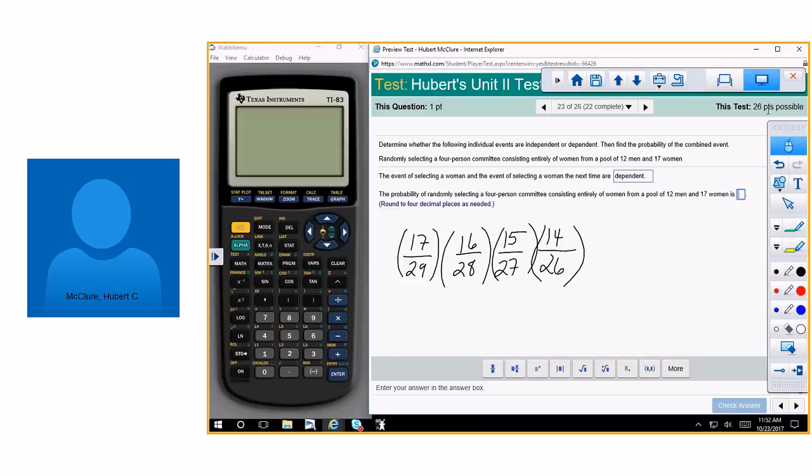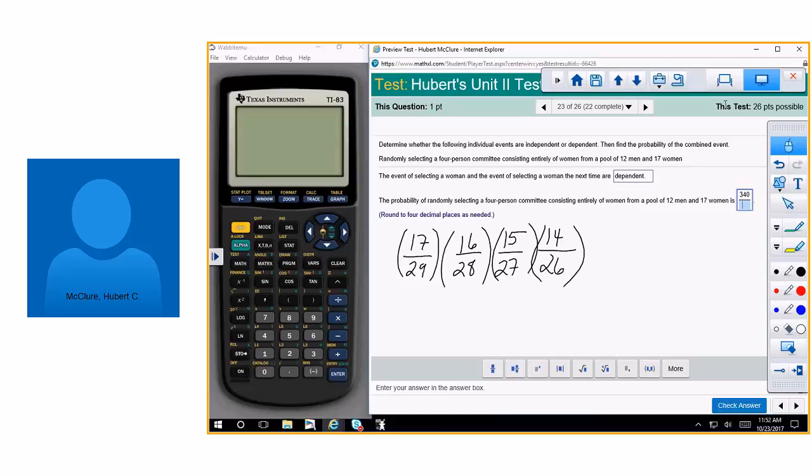Okay, let's just type it in. What did you say? 340 over 3,000. Probably going to be it because you got an even and an odd. I'll just say check answer. Okay, we froze it up. Oh my gosh.